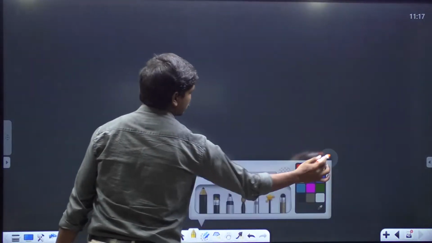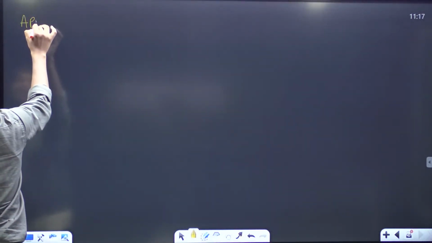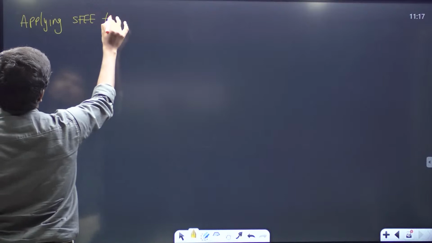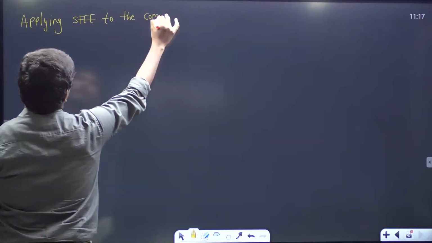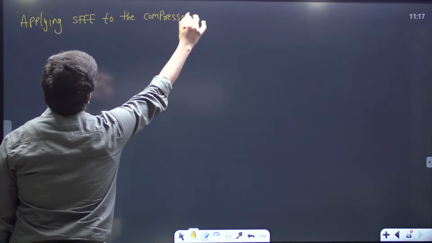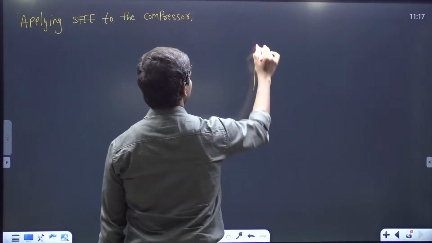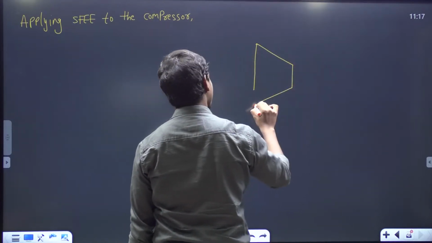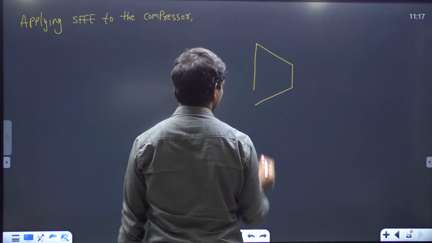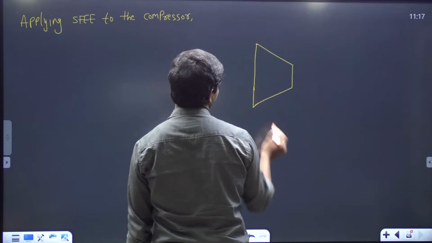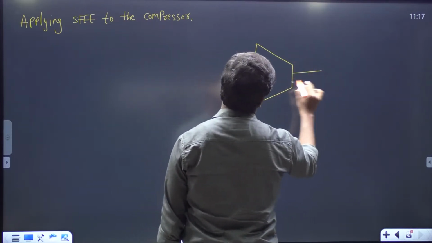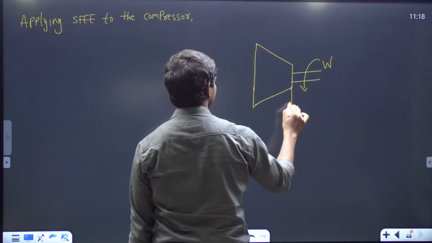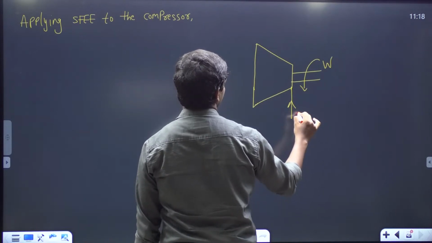So applying the SFEE, steady flow energy equation, to the compressor, where you will be mechanically putting in some work, and the mass flowing inside the compressor comes out.